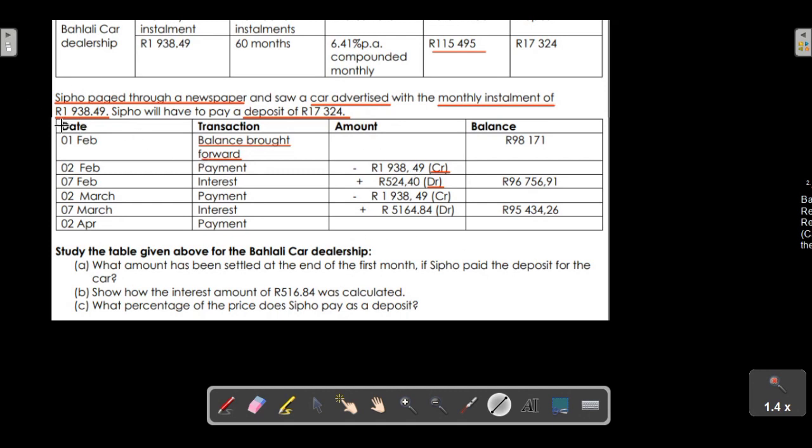We're saying that Sipho has an account with this particular bank, so he will have to keep on putting money into this account. In that way he is reducing the balance that he owes.